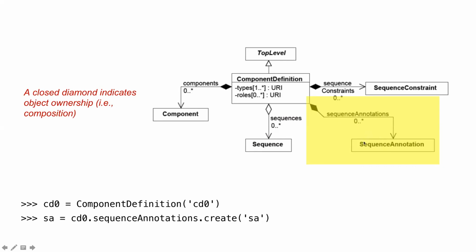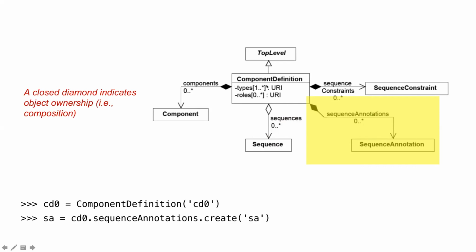So it's an actual data structure. If I dereference the values in this attribute, what I'll actually get back is a sequence annotation object. Also, the lifetime of these child objects is tied to the parent's lifetime.